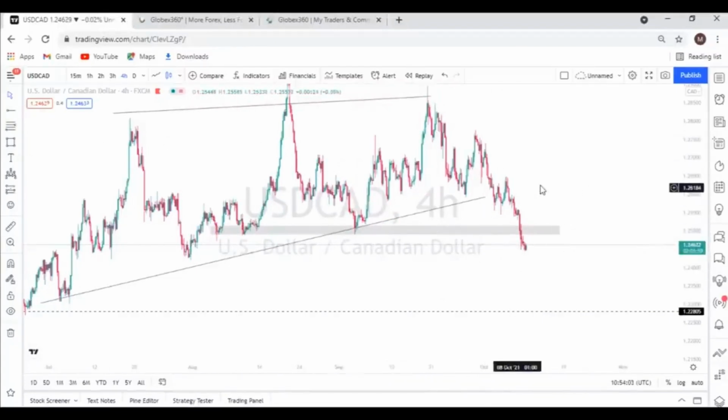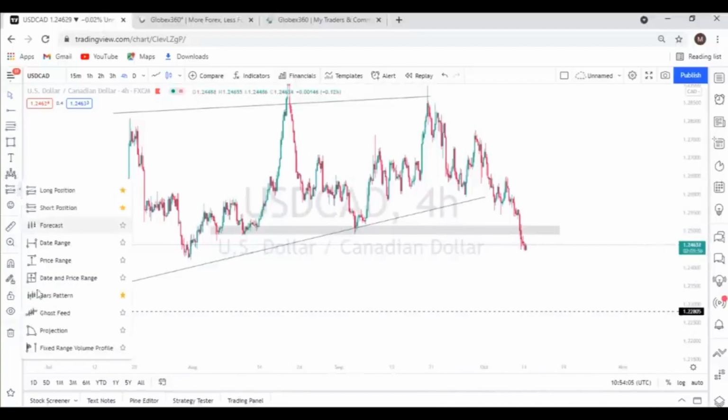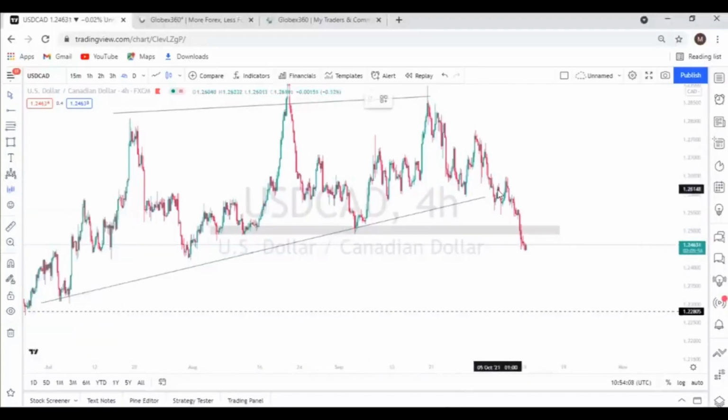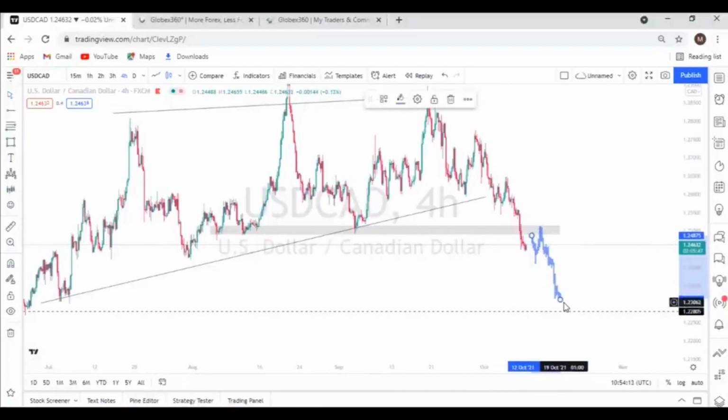And what would be in our favor is if we can get another correction for a retest on these lows that were broken.